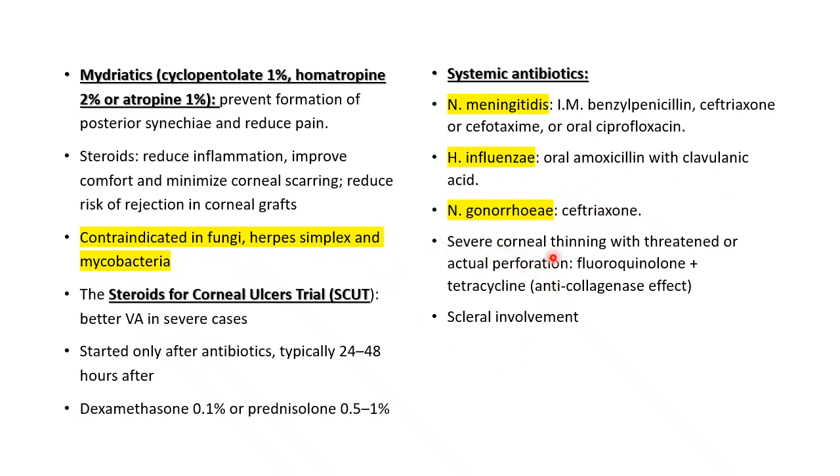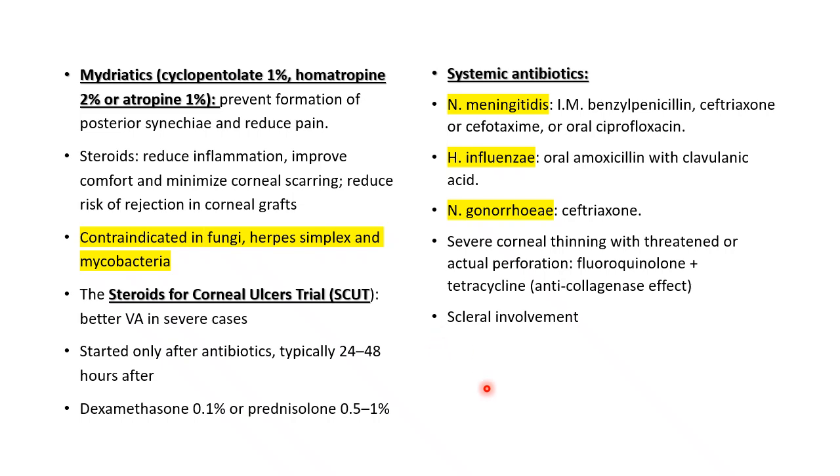In cases of severe corneal thinning with threatened or actual perforation, we give a fluoroquinolone for the infection and a tetracycline for its anticollagenase effect and preventing perforation. And of course, scleral involvement. So these systemic infections and these last two conditions are some of the indications of systemic antibiotics.